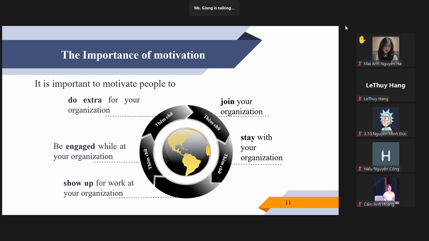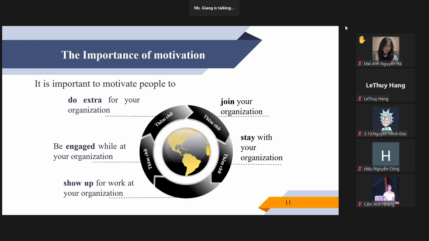They will apply for a job in the organization. The second one, it will help the employees stay with the organization. So it allows the organization to retain people. The third one, it makes employees do extra for the organization. So they will contribute more to have higher performance in the organization.